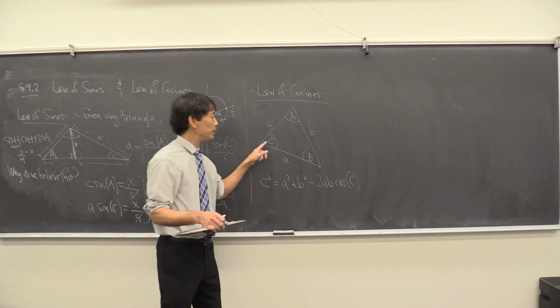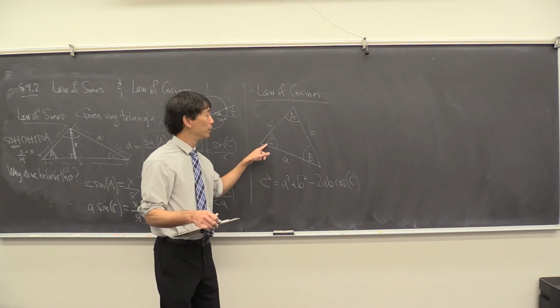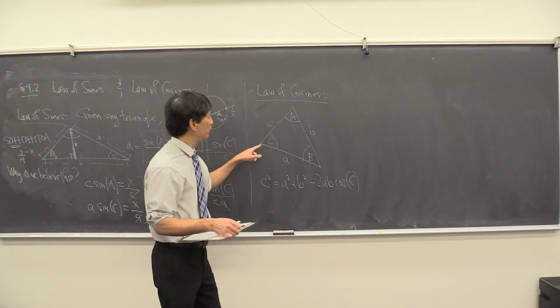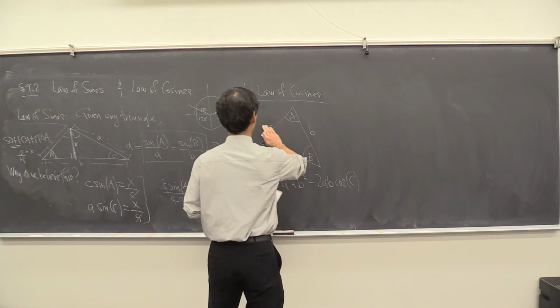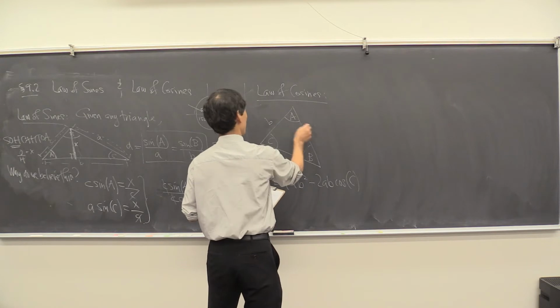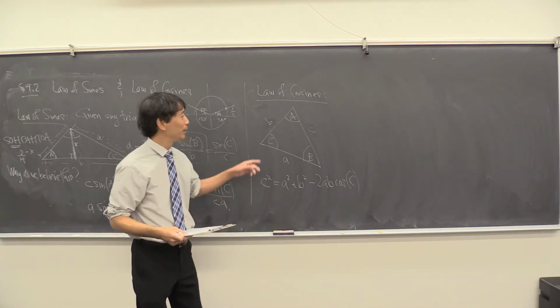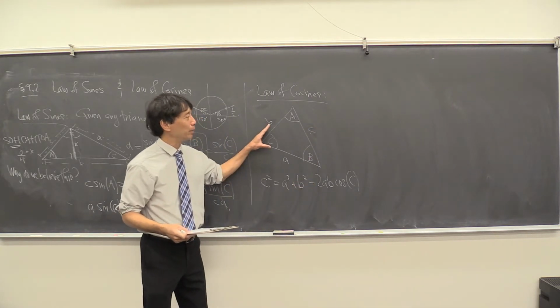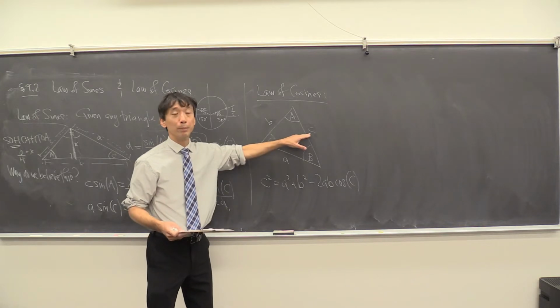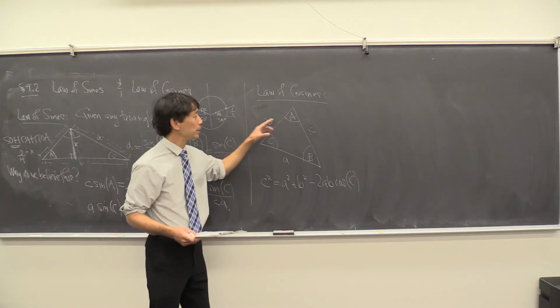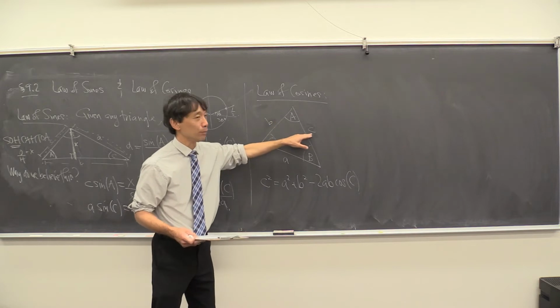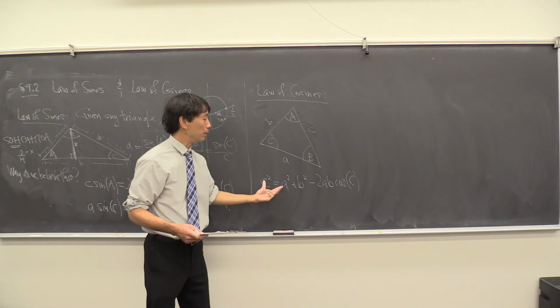And you see that if C were a 90-degree angle, then this little c would be the hypotenuse. And what would the law of cosines say?